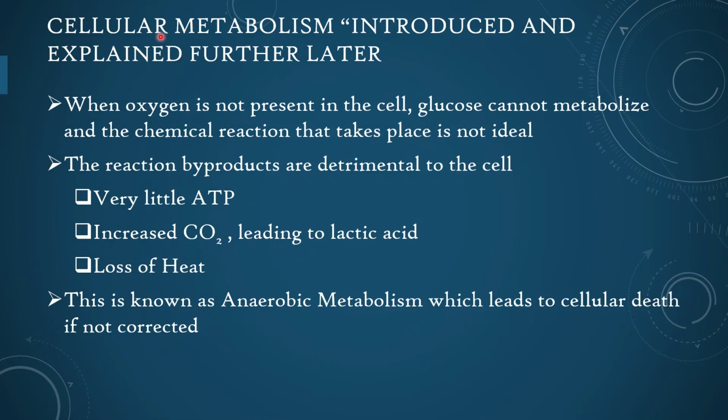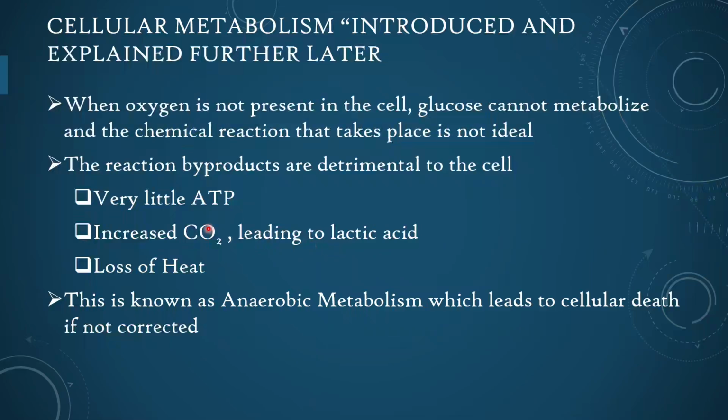All right, so when oxygen is not present in the cell, glucose cannot metabolize, and the chemical reaction that takes place is not ideal. Okay, so you're going to get very little energy, very little ATP. You're going to have an increased amount of waste. We had a normal amount of waste a minute ago. Now that CO2 is going to increase.